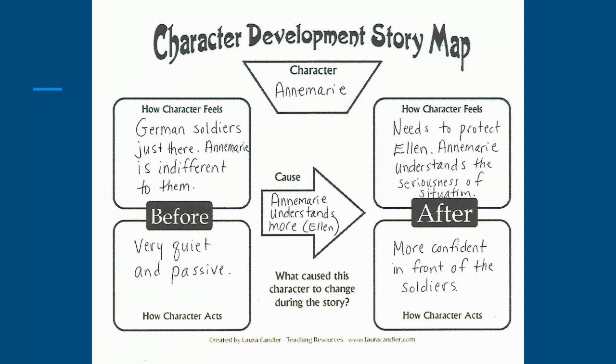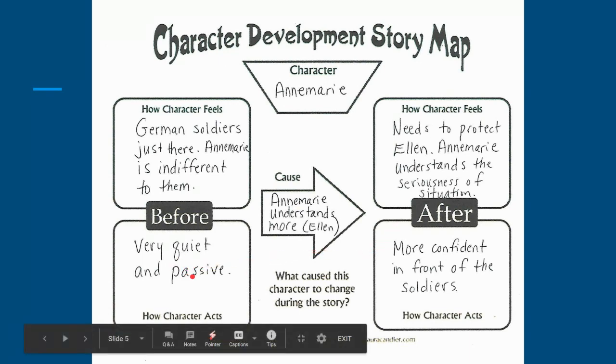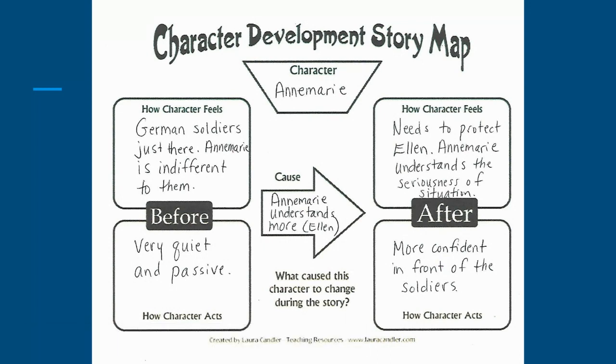Anna Marie understands how serious this entire situation is. And she also goes from being very quiet and passive with the soldiers. In a scene near the end, she is much more confident in front of the soldiers. In fact, at one point, kind of talking back to a German soldier, which I don't think she would have done at the beginning of the story.